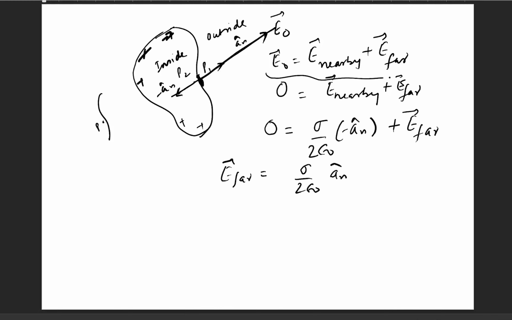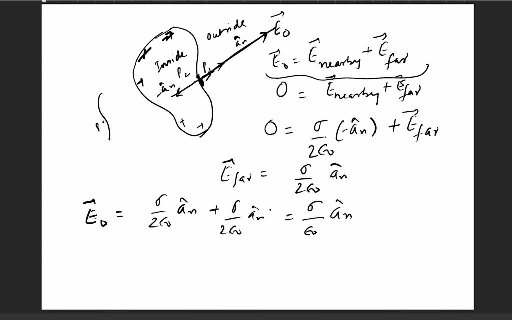So the total field on the outside will be, E nearby will now change direction here, so it will be sigma by 2 epsilon naught an, and E far we have just calculated, sigma by 2 epsilon naught an. So in this way we have seen that it is now sigma by epsilon naught an for a charged conducting surface.